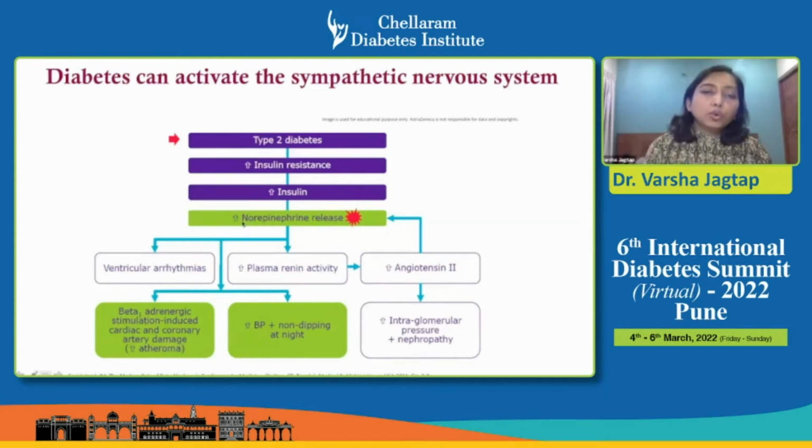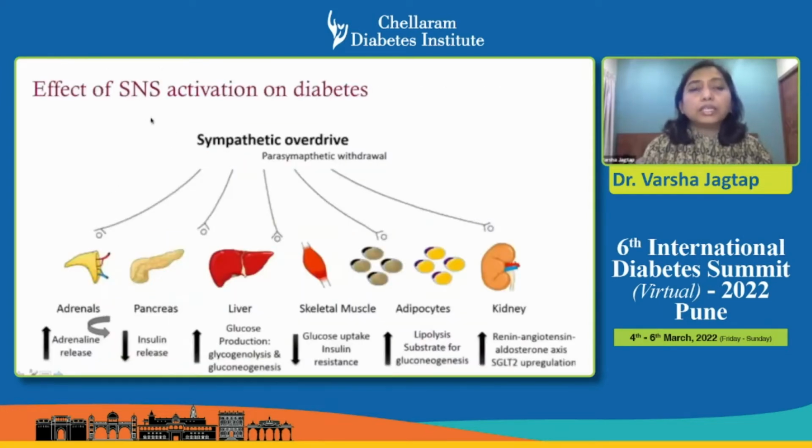We also know that norepinephrine release can directly cause ventricular arrhythmias. It can cause cardiac and coronary artery damage and increased blood pressure, plus non-dipping at night, which is very classical. So, sympathetic nervous system activation not just acts on one particular organ, but on different organs.